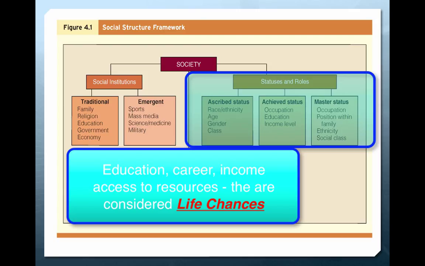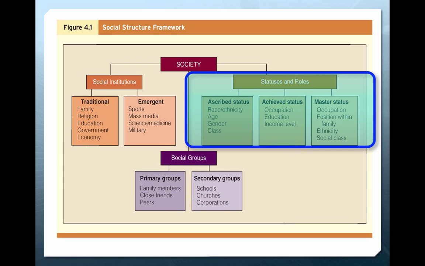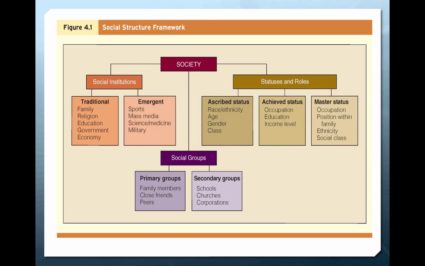So if you are a person, based on your ascribed status, born into a family of low income, living in a neighborhood of other low income people, it probably offers you less opportunity for extended education beyond high school, and for high paying jobs where you make a lot of money and have access to a lot of resources.